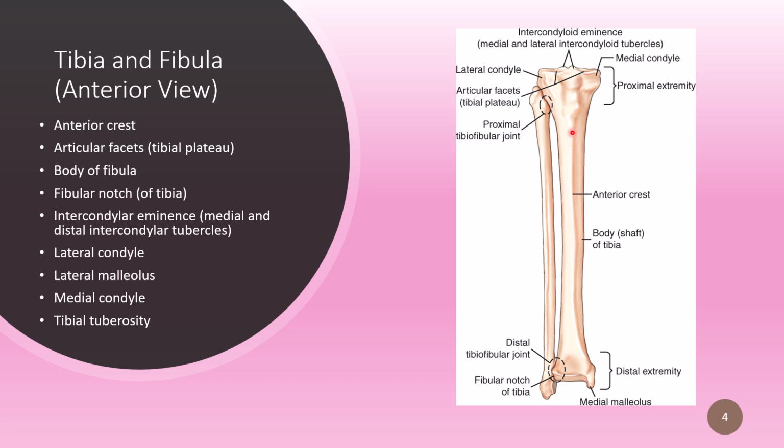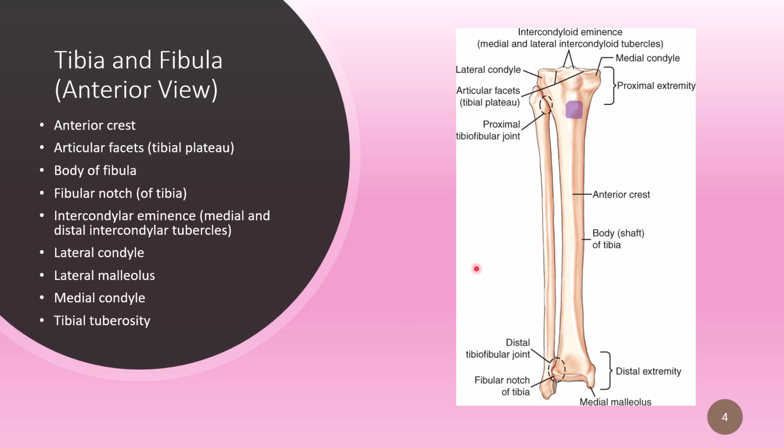Sometimes if you hit it, it can be extremely painful. They don't have it labeled, but it would actually be right here. We can go ahead and highlight that. Let's highlight that with purple. Right here, this is the tibial tuberosity right in the front there.